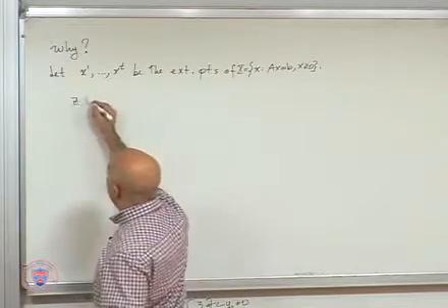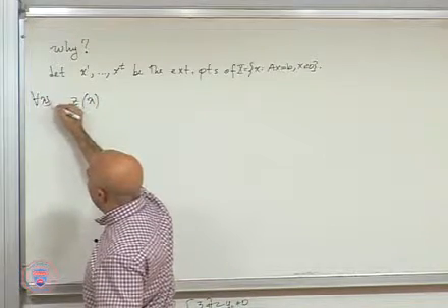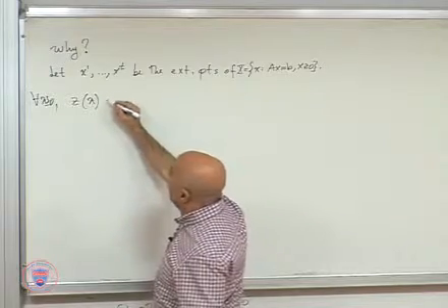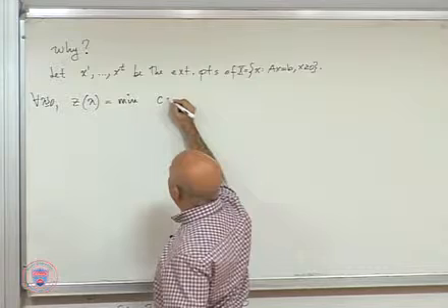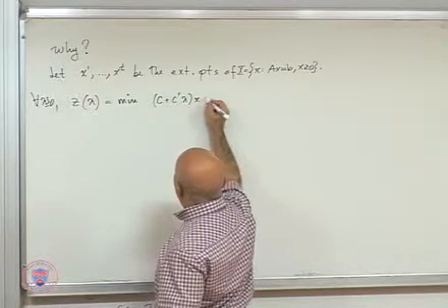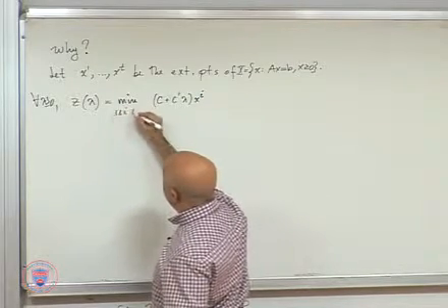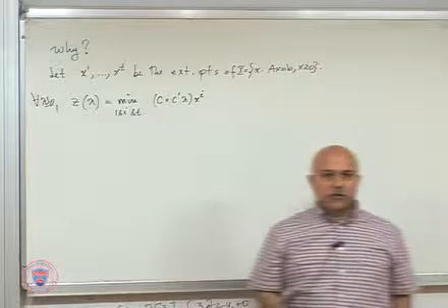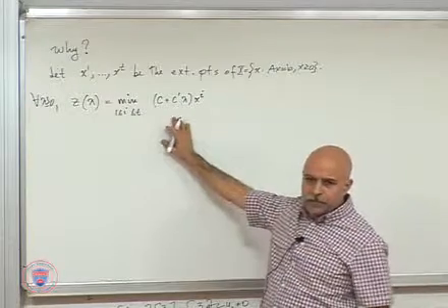So z of lambda, for every lambda greater than or equal to 0, is going to be the minimum of (c plus c prime lambda) transposed x_i, for i between 1 and t. So even though there are many extreme points in general, one of them will give you an optimum solution.